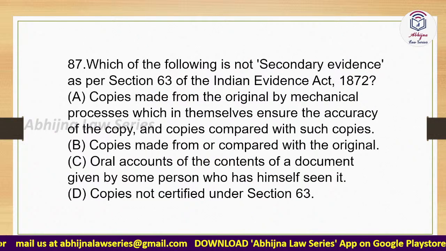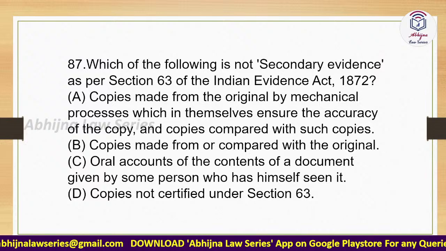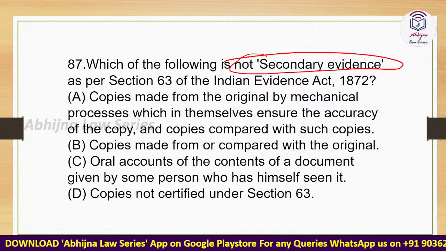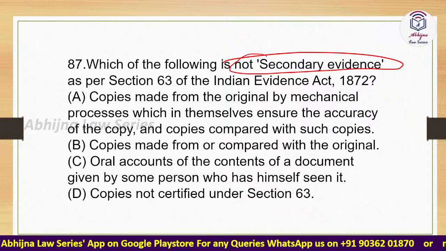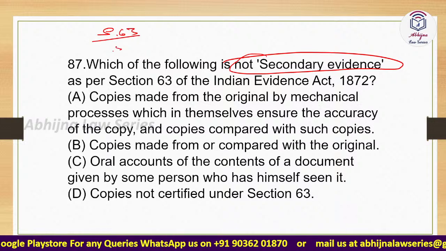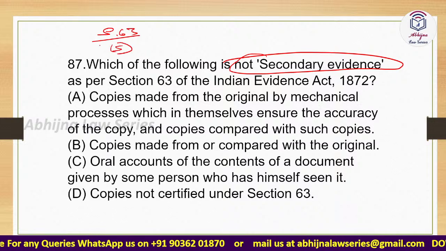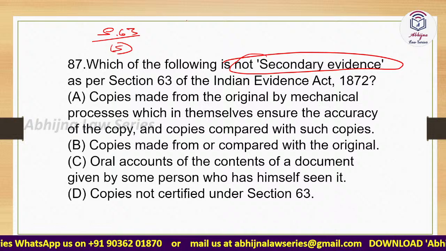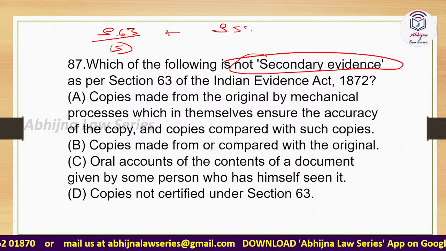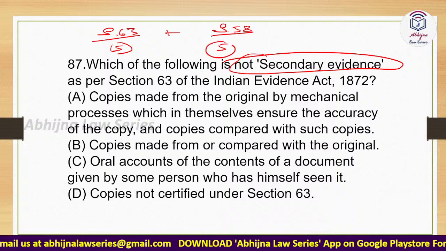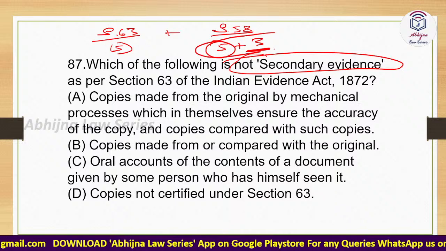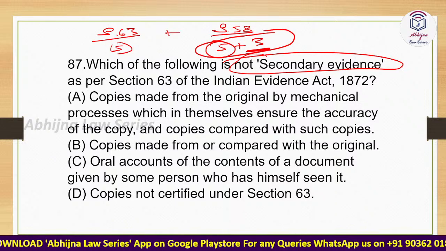Next question is regarding secondary evidence. Which of the following is not secondary evidence? See, secondary evidence has been given under Section 63. There are 5 categories which they have mentioned, but now as per the new Bharatiya Sakshi Adhiniyam under Section 58, 3 additional categories have been added to the earlier 5 in the definition of secondary evidence.